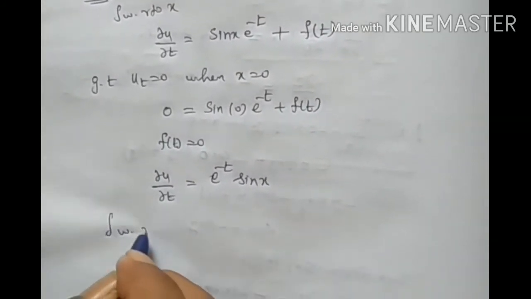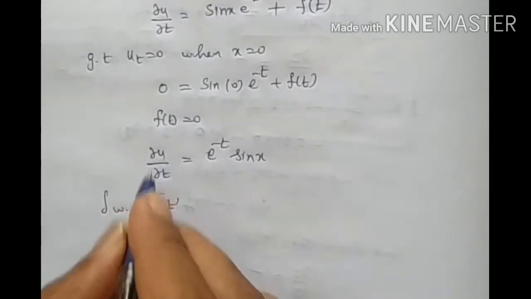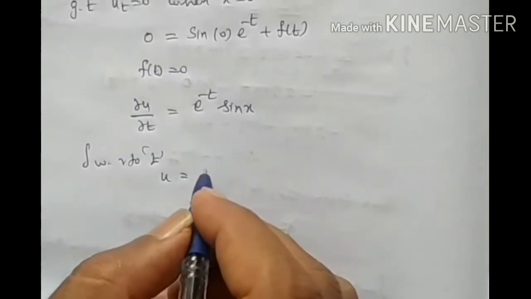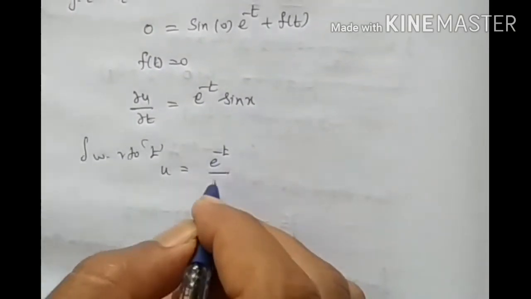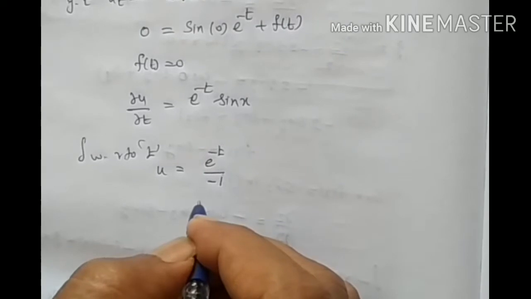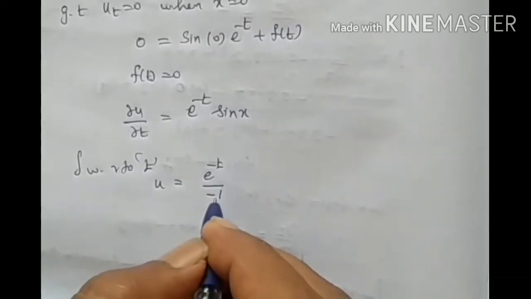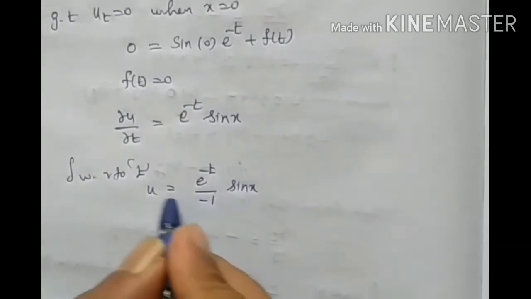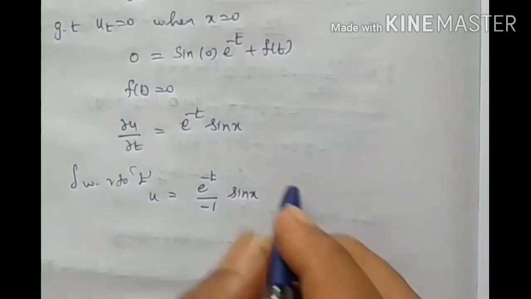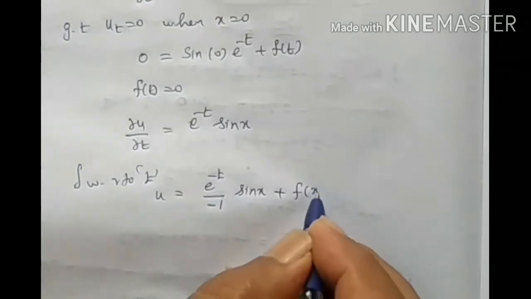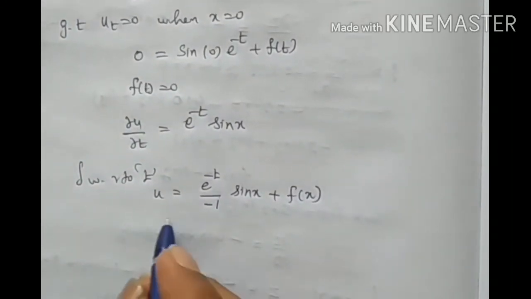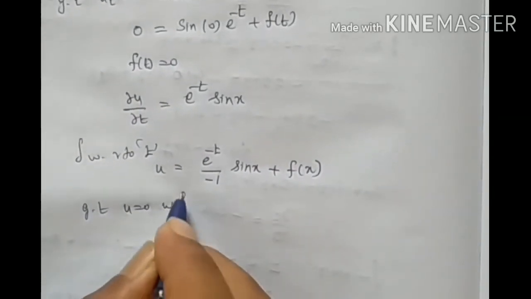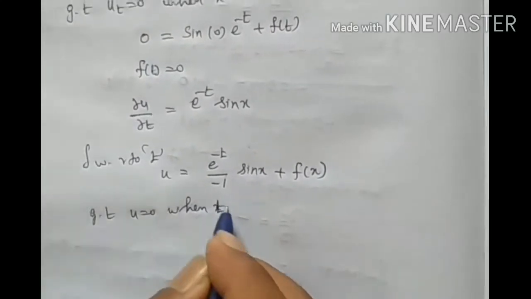Now integrate with respect to t. So u equals the integration of e power minus t, which is e power minus t divided by the coefficient of t, minus 1, in the denominator, into sin x. Here we are integrating with respect to t, so the function of x is a constant. Now it is given that u is 0 when t is 0.